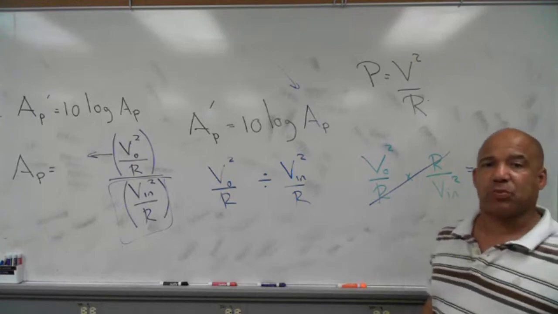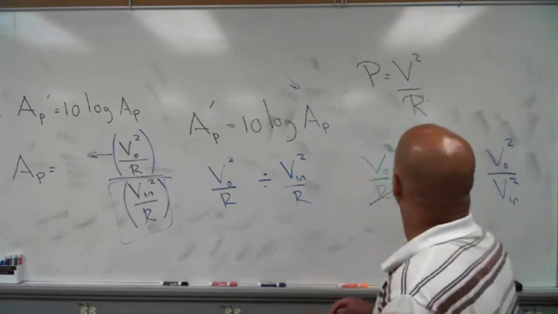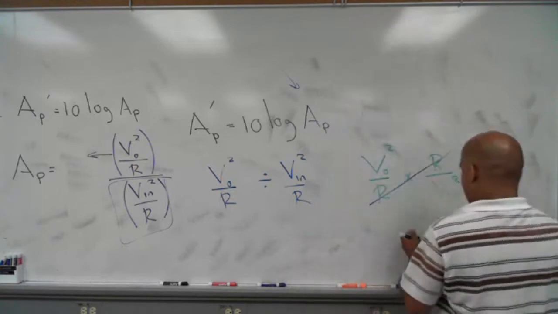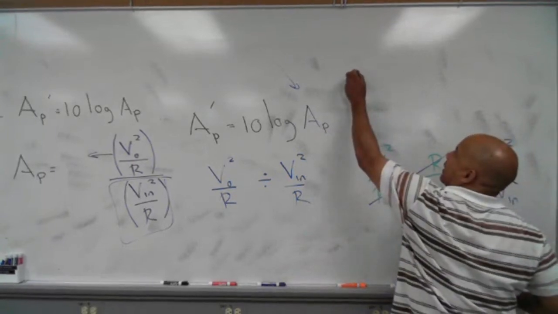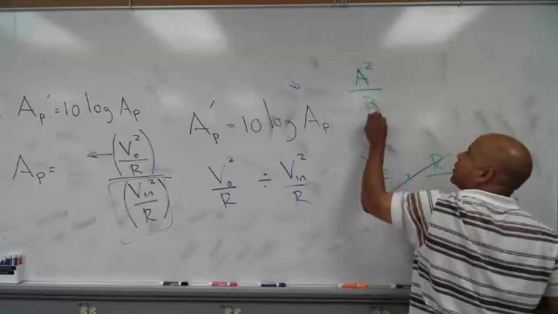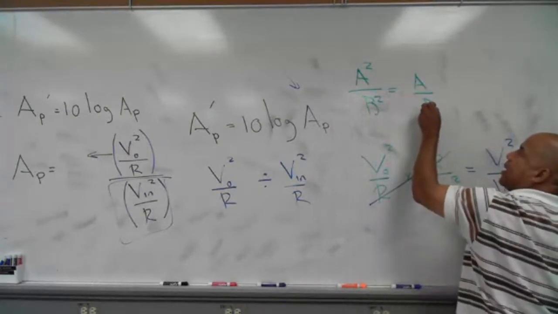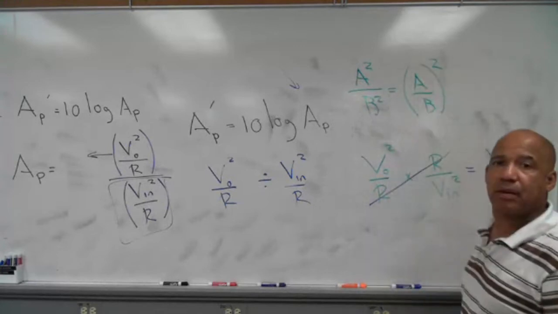Then you go back to your algebra class. Remember when you learned about exponents? They told you that if you had A squared over B squared, you can just take the ratio of A to B and write that whole thing to the second power. Those are equal to each other.